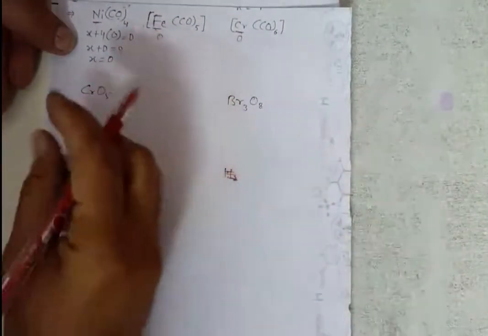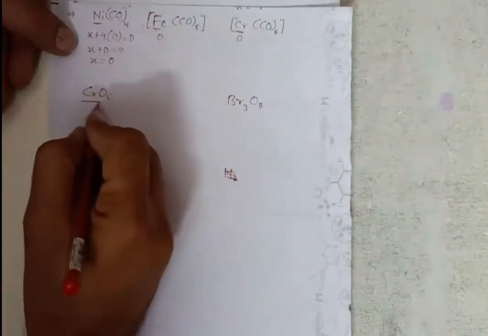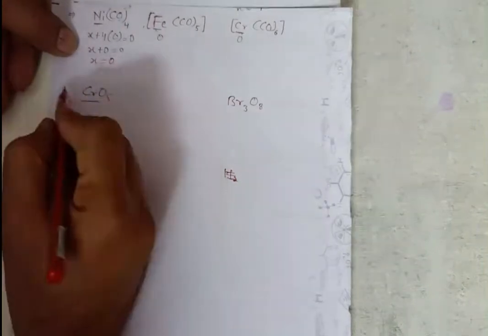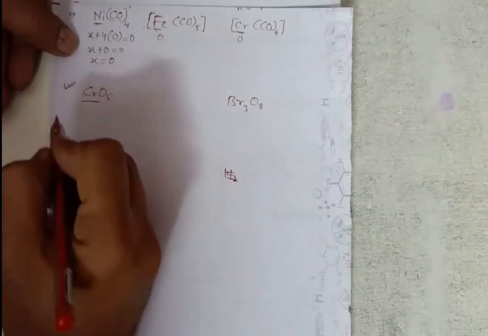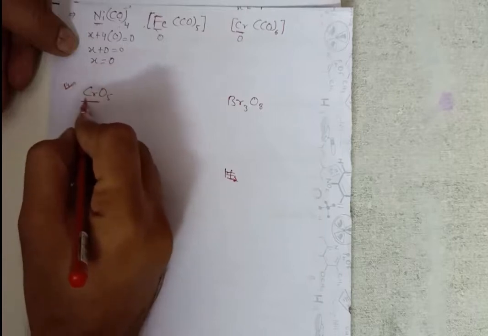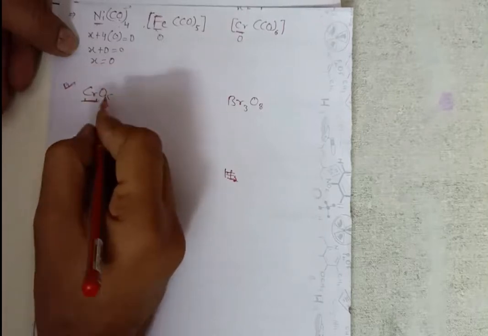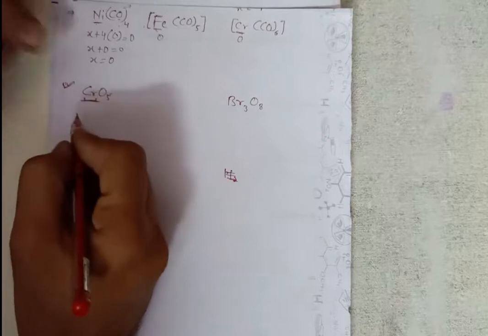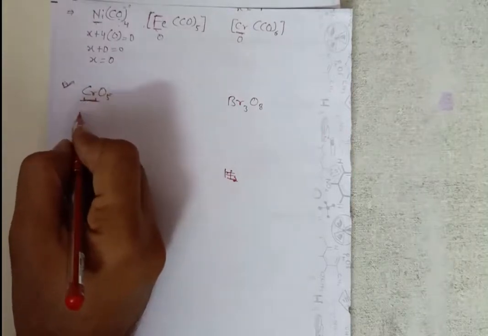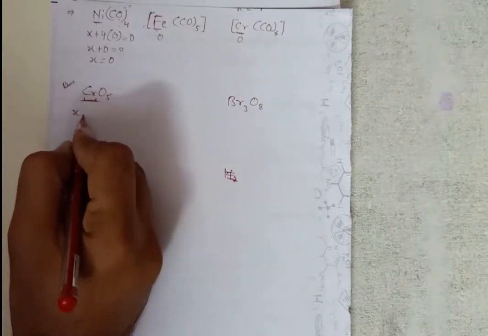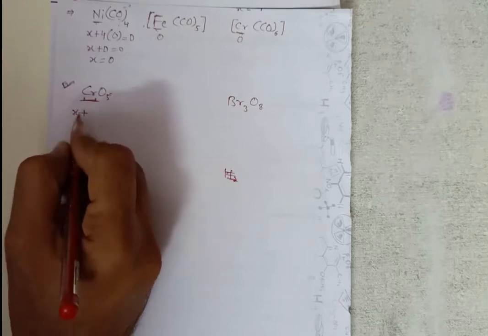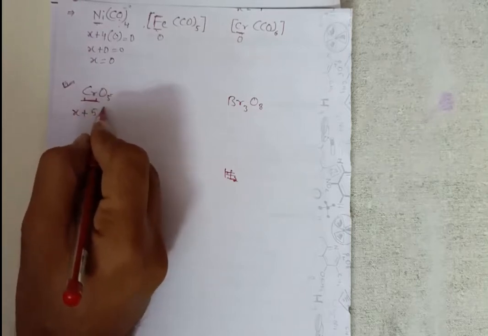Okay, now the next example is CrO5. Students, this one is a very good example. We have to find the oxidation number of chromium. From this formula you can find the oxidation number in this way.